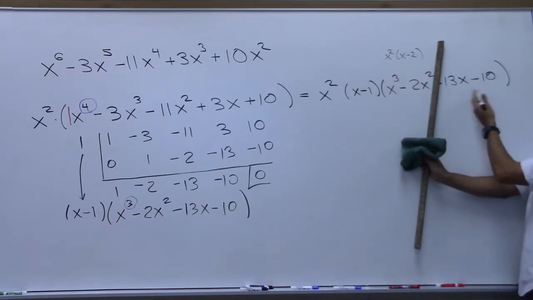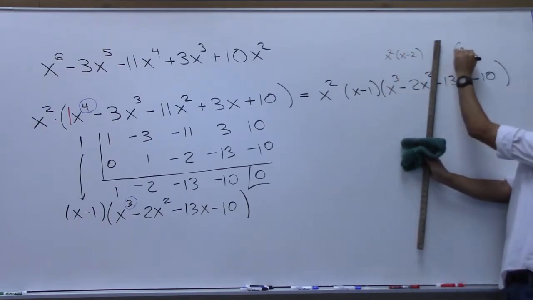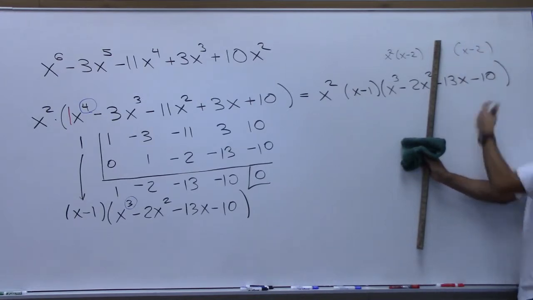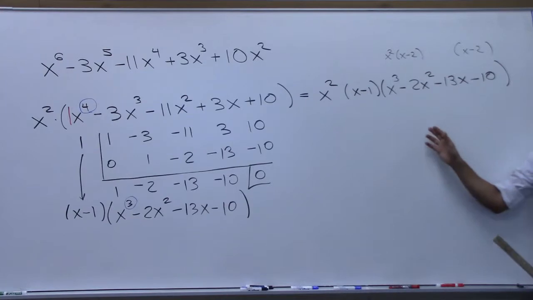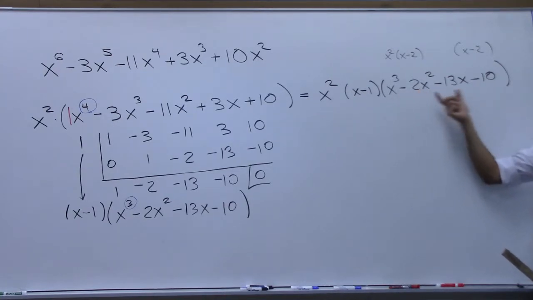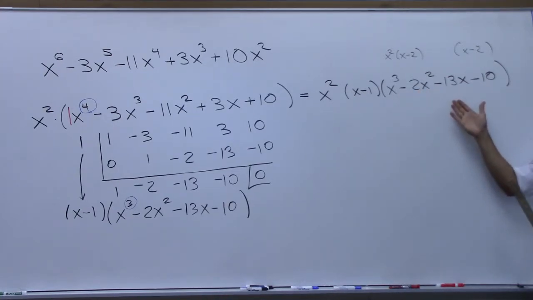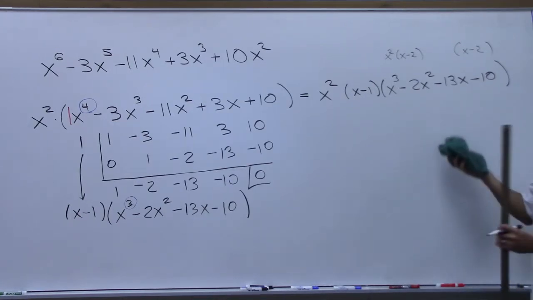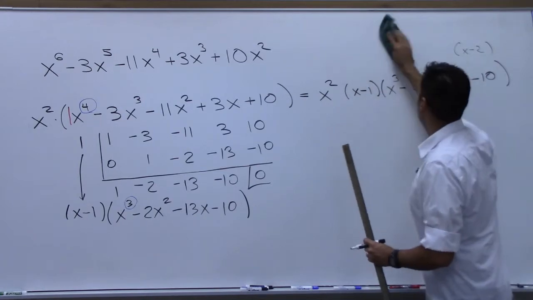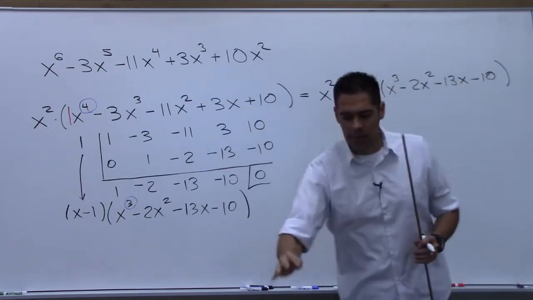Over here, I'd have to pull out something to get an x minus 2 in here, wouldn't I? And I'm not going to be able to. So usually, the way I recognize grouping is that somehow these numbers and these numbers have to be multiples of each other. Like if this were a 3 and a 6, it might work. And if you saw that it would work by grouping, go ahead and do it that way.